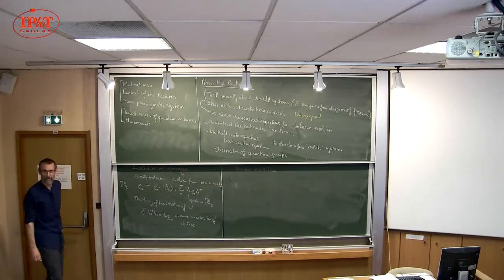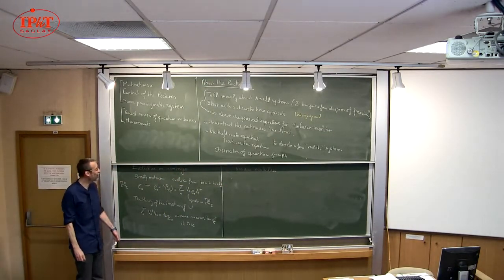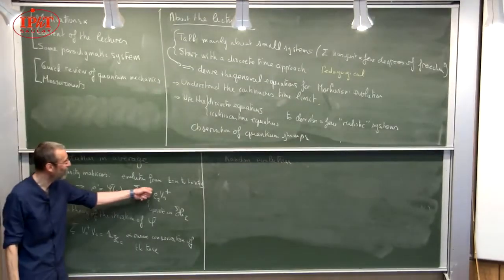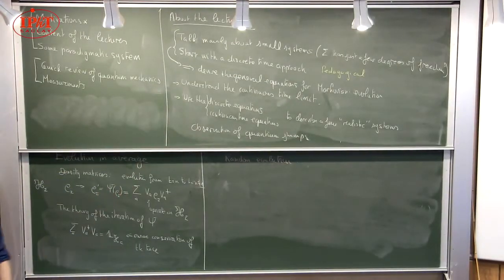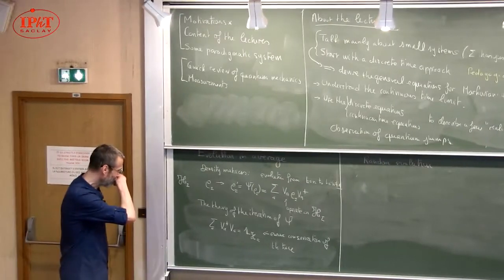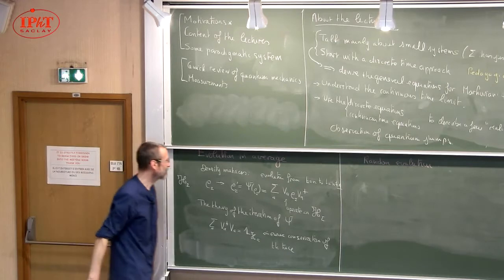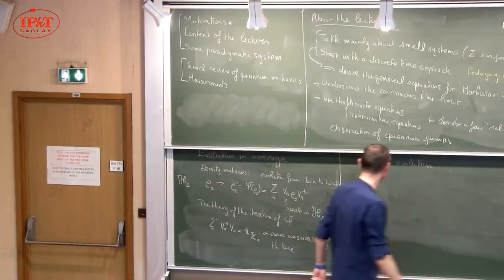And of course, you just iterate. And you could imagine situations in which these operators are time dependent because the environment is changing or whatever. You could imagine all situations. I will say it later on.